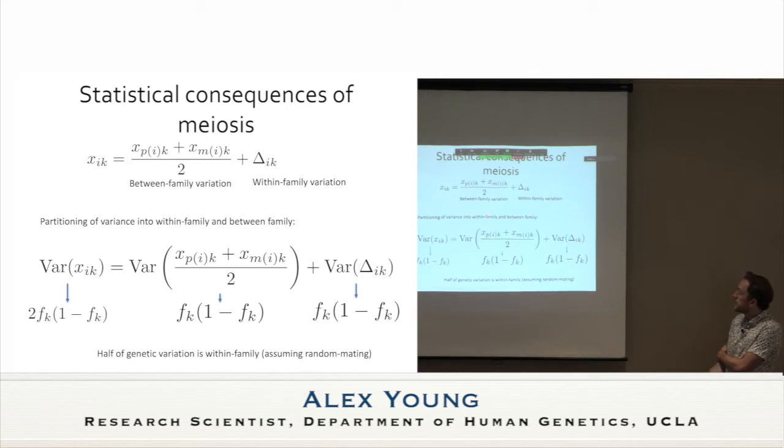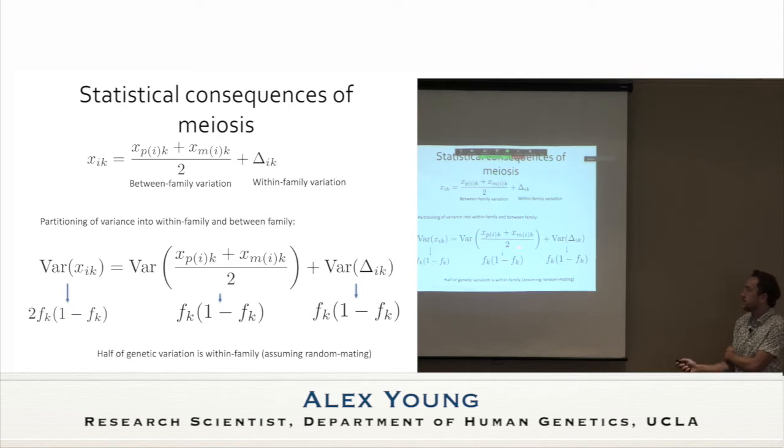Well, that's just the deviations around the expectation given the parents. It depends a bit on what the parents' alleles are. If the parents are both homozygous, then there's actually no variation. So this is the average over the possible parental alleles.